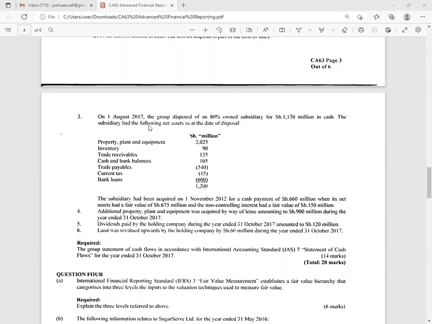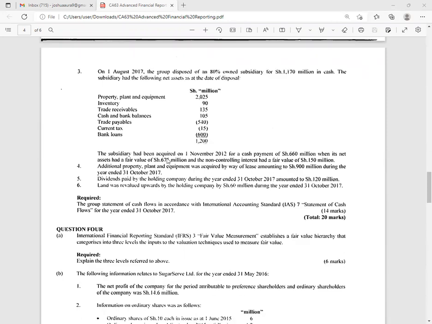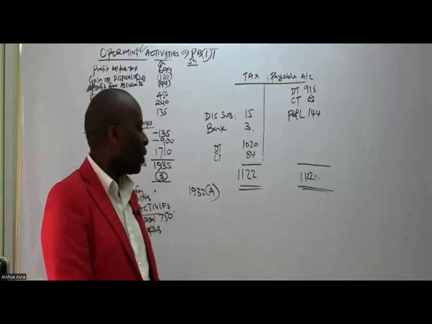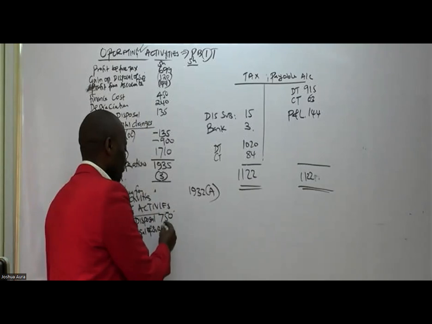The subsidiary had the following net assets at the date of disposal. I'm concerned with the cash that came on board. So the cash that came on board, we are told, was 1170.